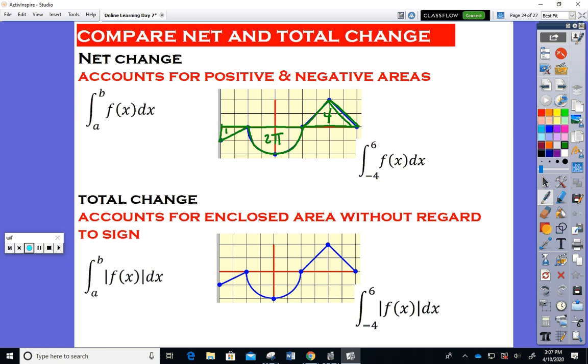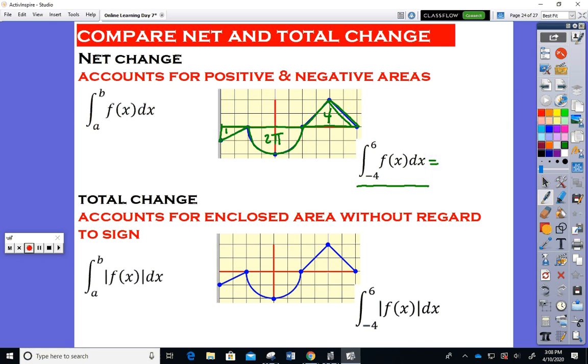So we said when you find this integral, you're actually finding net change, which means that you allow the areas under the x-axis to be negative, and then your final answer could be negative if there's more area below than above the x-axis.